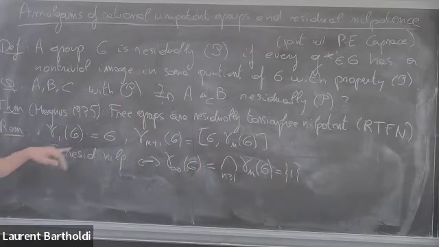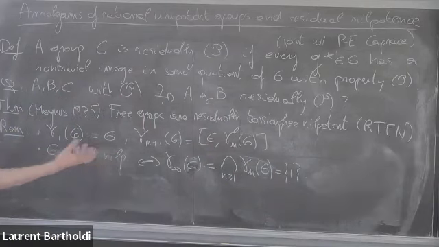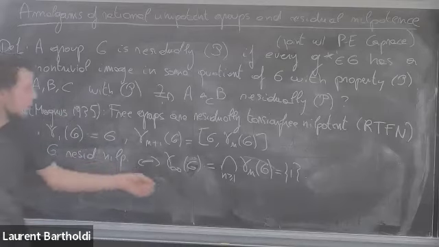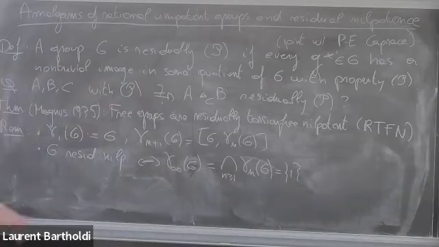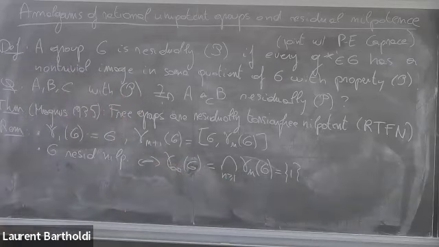Because if you have a nilpotent quotient of G of nilpotency class n, or say n minus 1, then by construction, the quotient map to this nilpotent quotient factors through G mod gamma n of G. And so, in other words, an element of my group survives in every nilpotent quotient of G if and only if it survives in every nilpotent quotient of G of the form G mod gamma n of G. And this is the same as belonging to this intersection of the gamma n of G. So this group is not residually nilpotent if some non-trivial element survives in this intersection.